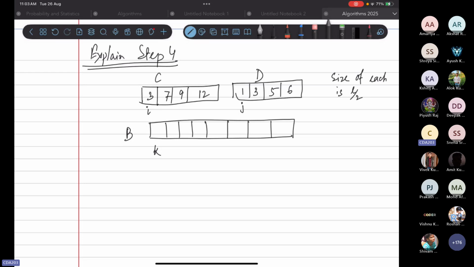So what we have just seen is that BK will be, can you say in terms of I and J, the minimum of CI and DJ, right?